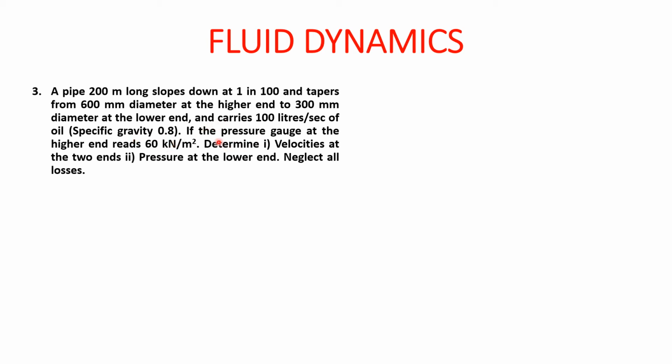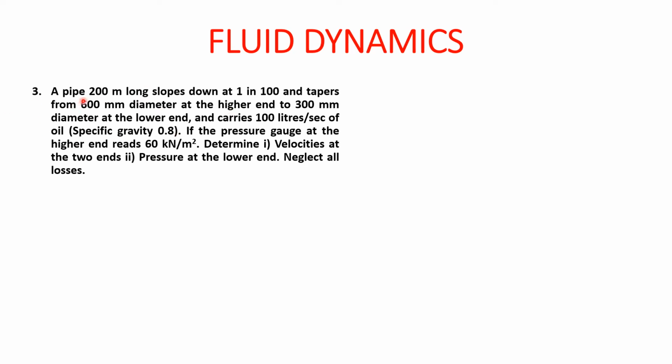If the pressure gauge at the higher end reads 60 kilonewton per meter square, determine first velocities at two ends and second pressure at the lower end. Neglect all the losses. Okay, so we will again read out the question first, then we will distribute this question in number of sentences, and then we will see how the problem solution has been derived.